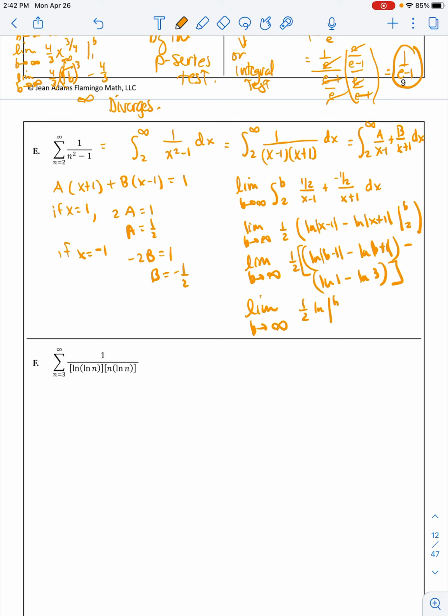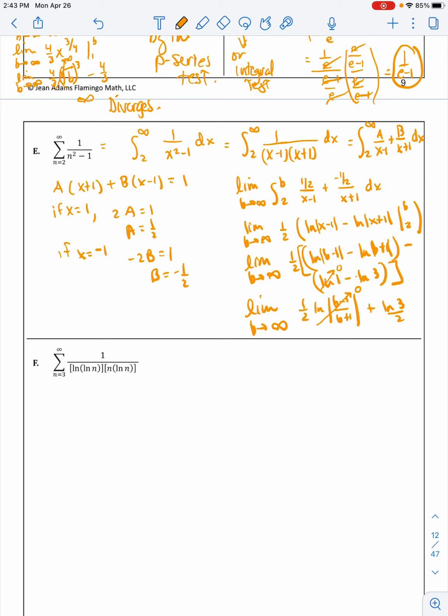Oh, sorry about that. So this one, I would probably think of it as ln of b minus 1 over b plus 1, like that. And then this one, it'd be minus 0 minus ln 3. This goes to 0, of course. And minus 0 minus ln 3 would be plus ln 3. And I could put it over 2, just to distribute that 1/2.